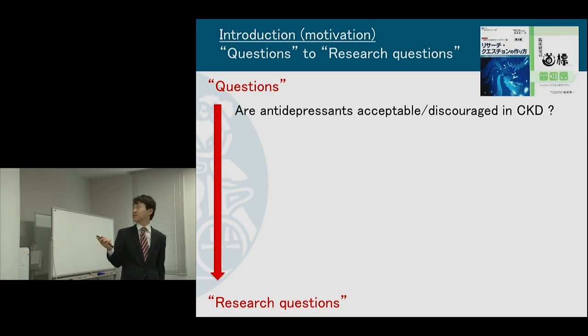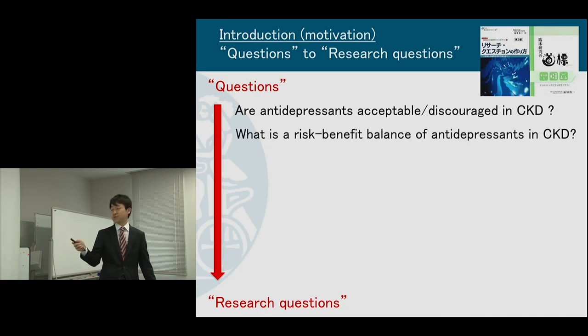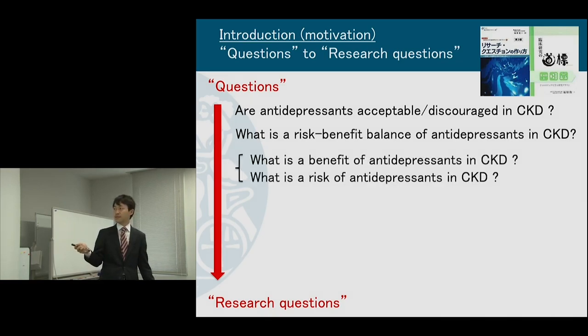According to these great books written by Fukuhara sensei in Kyoto, I rephrased this question into a kind of research question: what is the risk-benefit balance of antidepressants? And then I split this into two: what is the benefit and what is the risk?